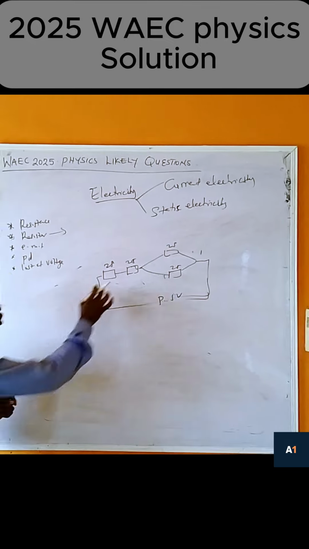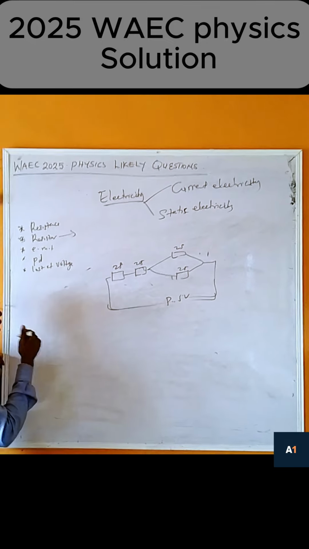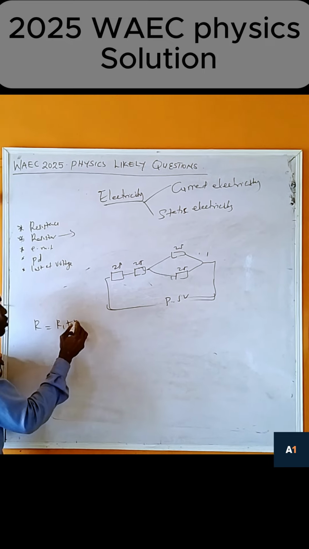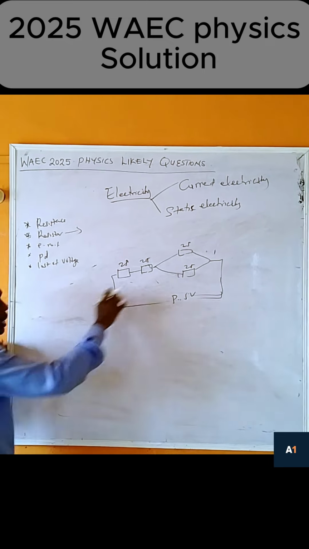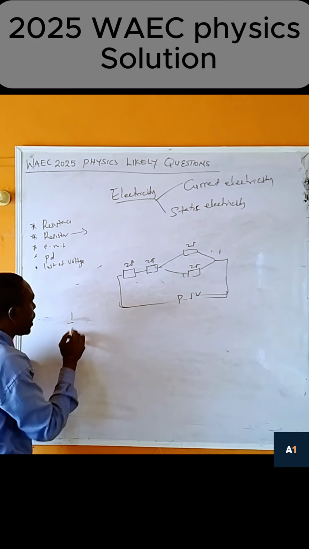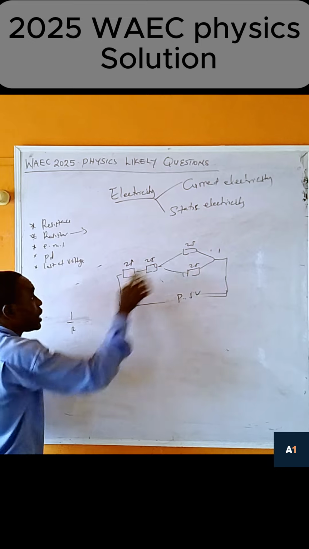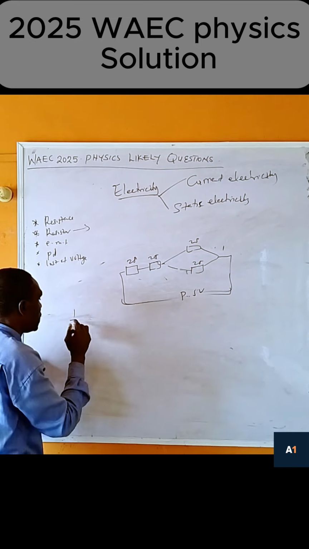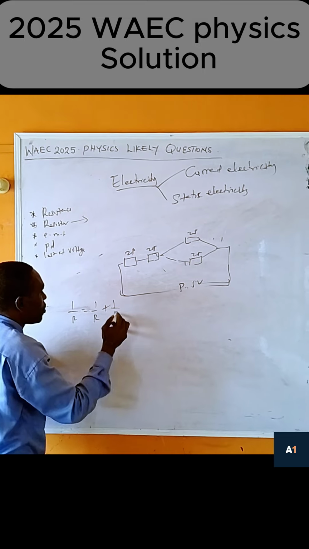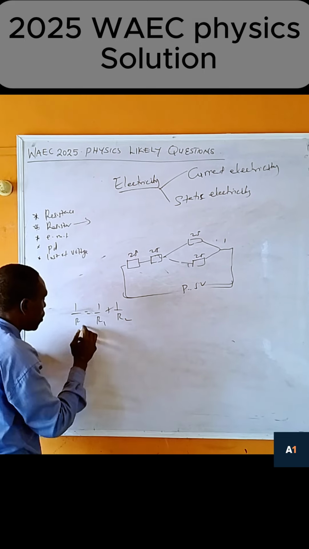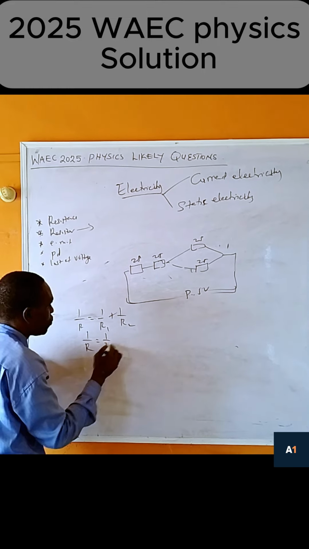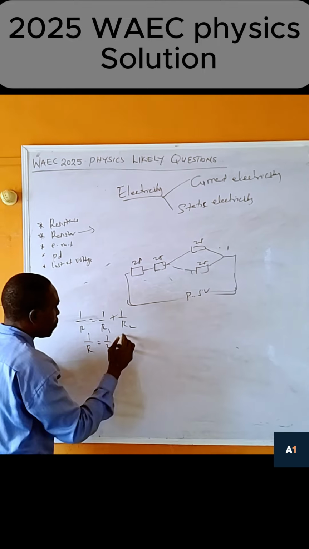So first of all, remember that R is equal to R1 plus R2 in series. But before you do that, find this one first. We say 1 over R, because this is the formula for parallel, but this is in series. 1 over R equals 1 over R1 plus 1 over R2, which is 1 over 2 plus 1 over 2.